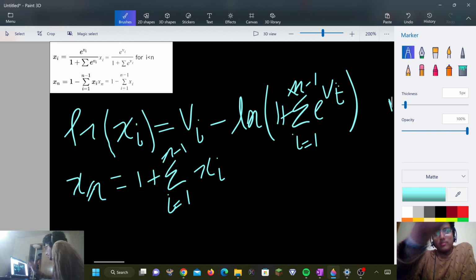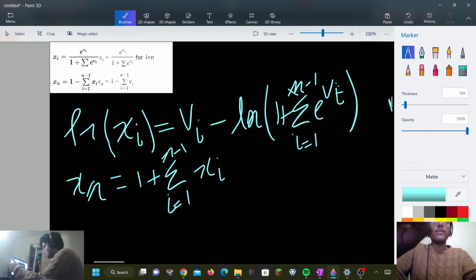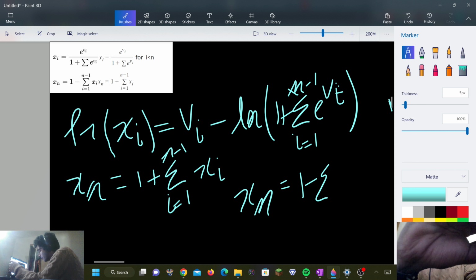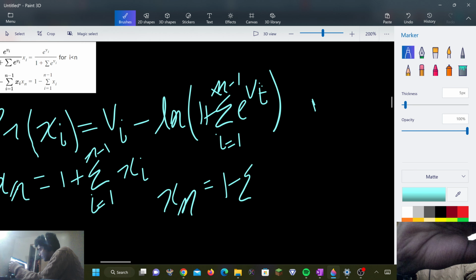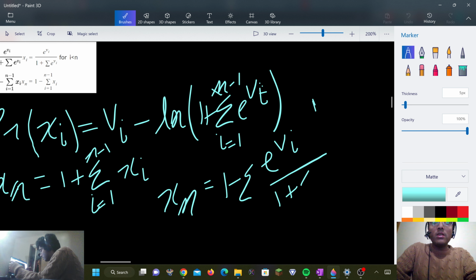We have an expression for x_i given, so we can just substitute that into the x_n equation. So x_n equals 1 minus the summation, and I'm going to stop writing the bounds because they aren't changing, of e to the v_i over 1 plus the summation of e to the v_i.